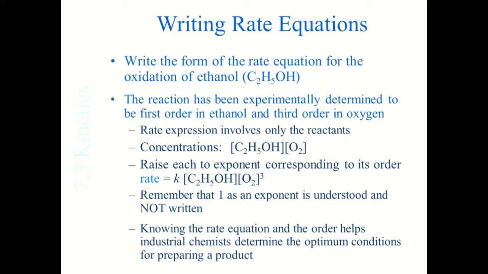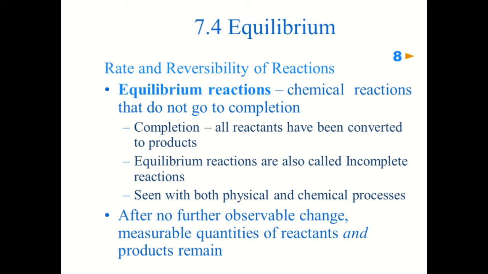And third order in oxygen, so oxygen cubed. So the K, what do I mean by K at the beginning? That's a constant. It's a constant that you don't have to discover anymore. They tell you what it is. If they're going to have you calculate it, which they won't, so in reality all you need to know is that the rate is equal to K times the concentration of ethanol times the concentration of oxygen cubed. Okay, that's how I write a rate expression.